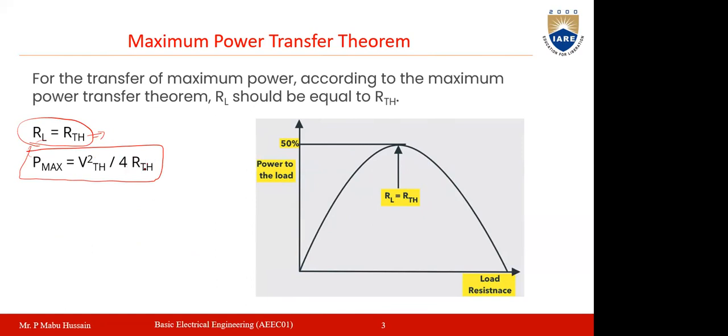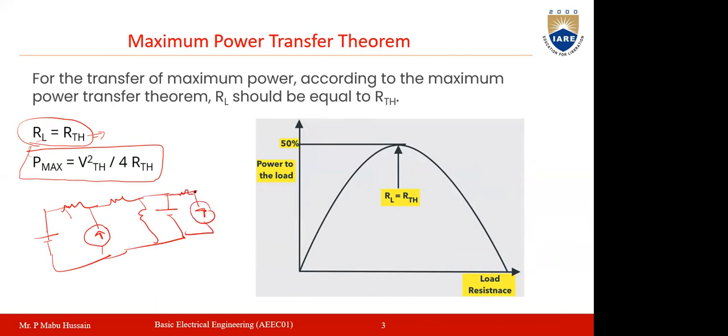Here, if you are given any circuit, suppose I take one arbitrary circuit, it may have a number of voltage sources, a number of current sources and a number of resistances. Like that you may have many sources and many resistances.